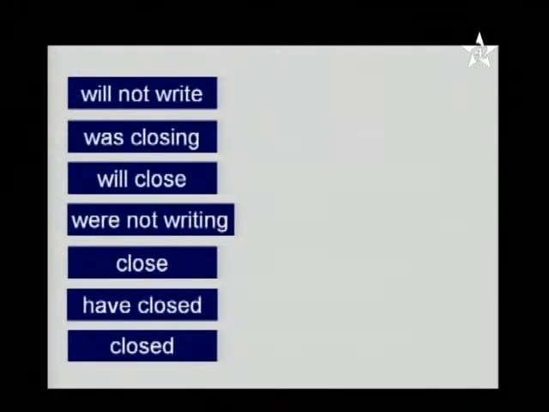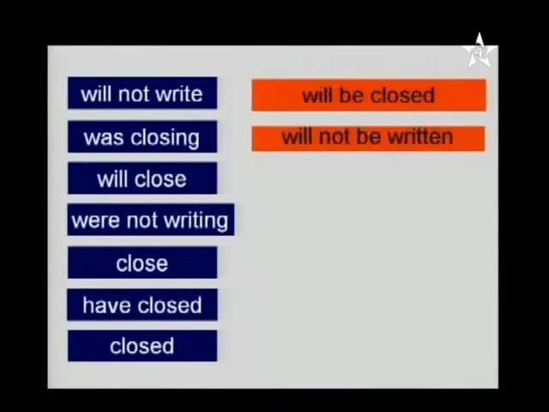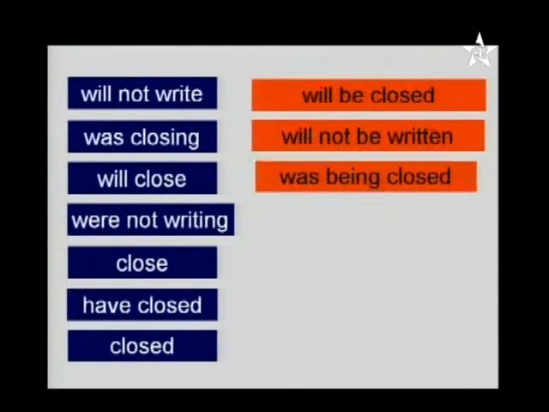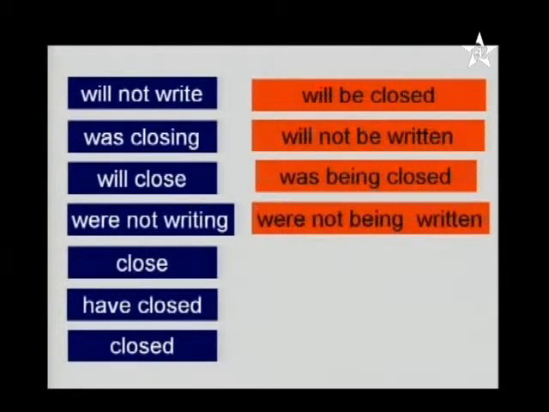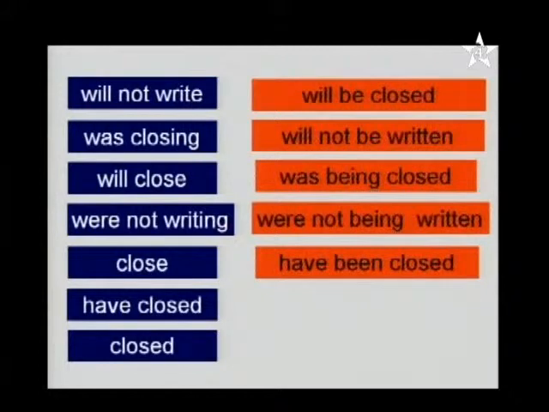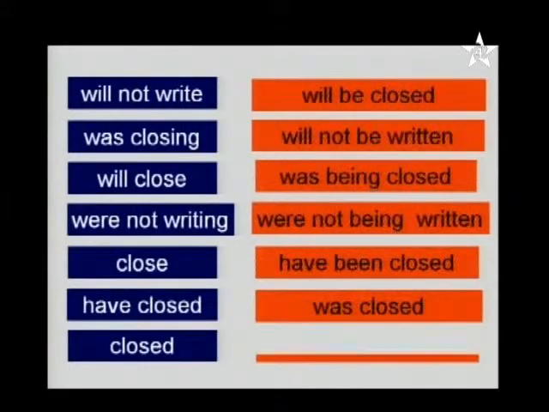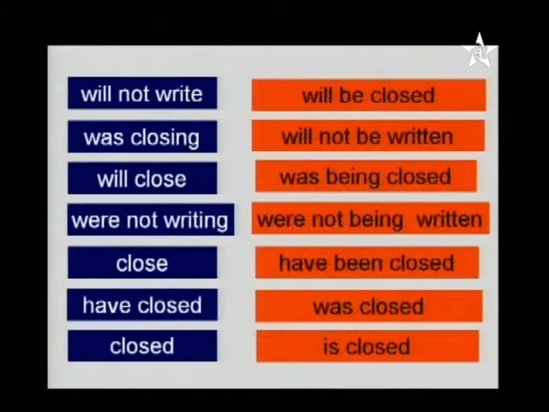And the passive forms are: will be closed, will not be written, was being closed, were not being written, have been closed, was closed, and is closed. Take a look at them, think them over, and see which one matches with which.